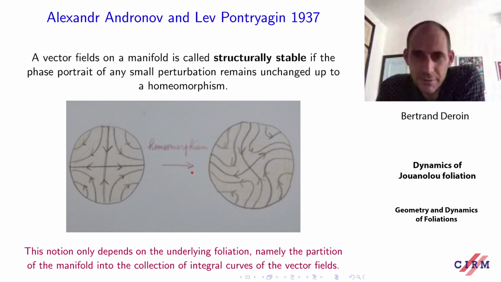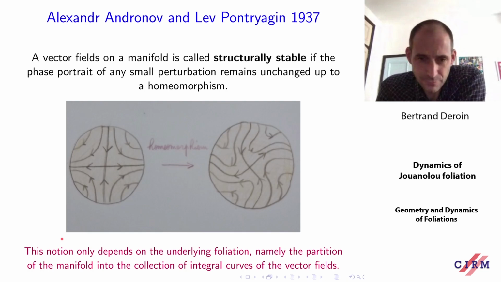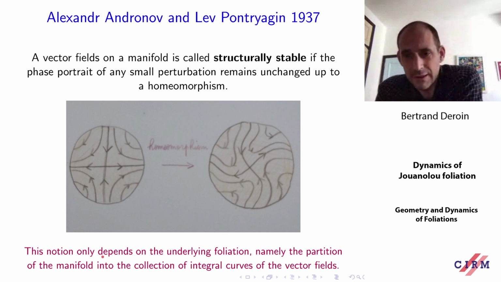I made a picture with my hands. It is interesting to remark that this notion depends only on this partition of the manifold into trajectories of the vector field, so it depends only on the underlying foliation.